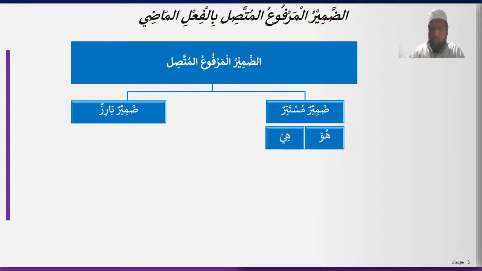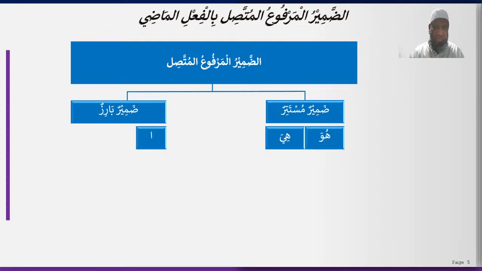The ضمير هو is مستتر for the صيغة فعل if the فاعل is not present or is not visible, and the هي is the ضمير مستتر for the صيغة فعلت, الواحد المؤنث الغائبة. So here is the ضمير مستتر if the فاعل is not اسم ظاهر, if the فاعل is not visible.